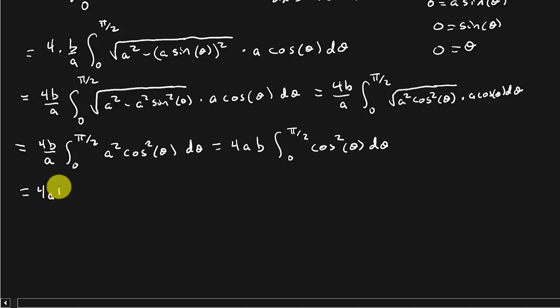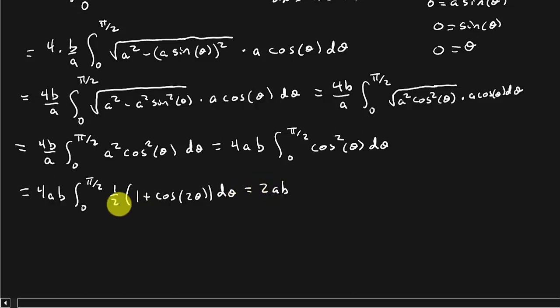So this is 4ab from 0 to pi over 2. To integrate cosine squared, you have to use one of those half angle identities, and that's 1/2 times 1 plus cosine 2 theta d theta.